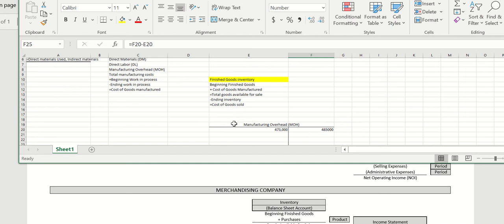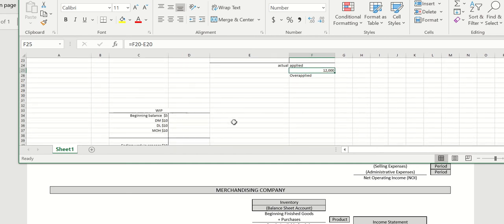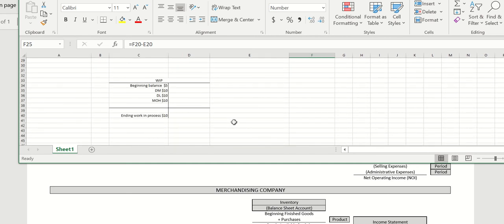So let's give a quick example of this work in process inventory. Very simplified numbers are helpful when you're first learning this, and then when you get into larger numbers, it'll be easier to grasp the concept. This is our work in process. We have a beginning balance of $5 we didn't finish from a previous period, and then we add our total manufacturing costs. In order to make a product, we need the materials, the labor, and manufacturing overhead, the factory costs. After everything's said and done, the ending balance is $10.